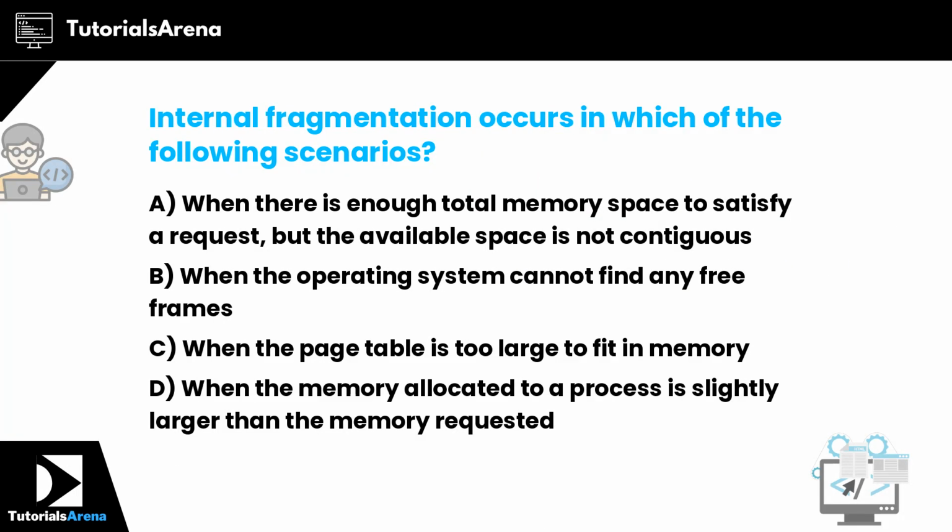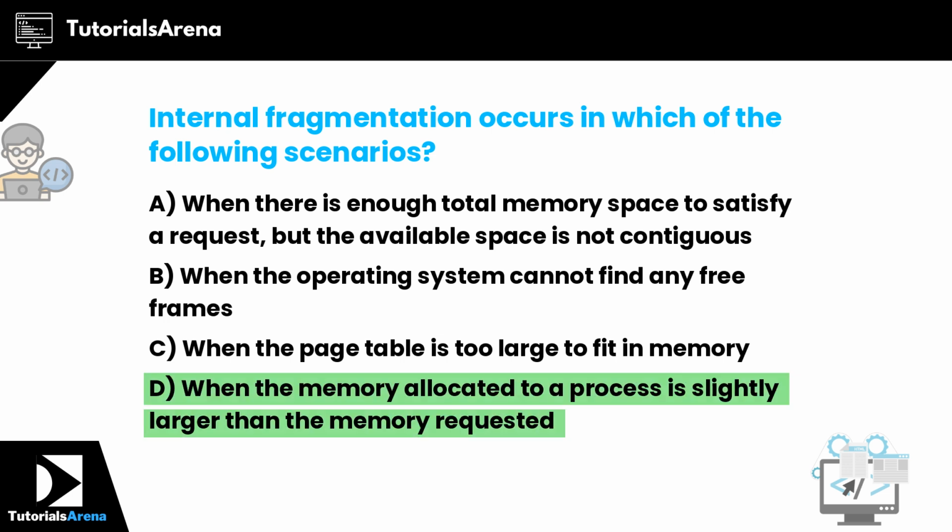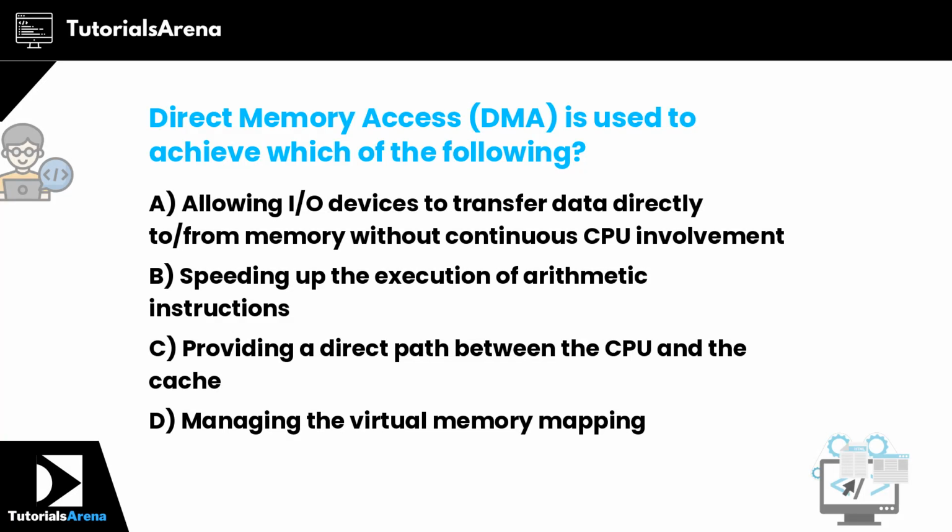Internal fragmentation occurs in which of the following scenarios? The correct answer is option D, when the memory allocated to a process is slightly larger than the memory requested. Direct memory access, DMA, is used to achieve which of the following?